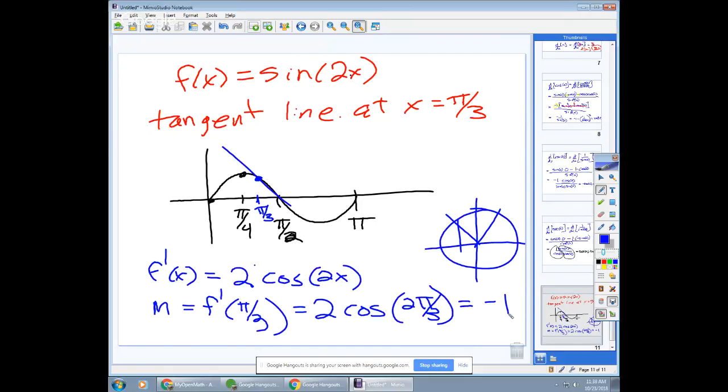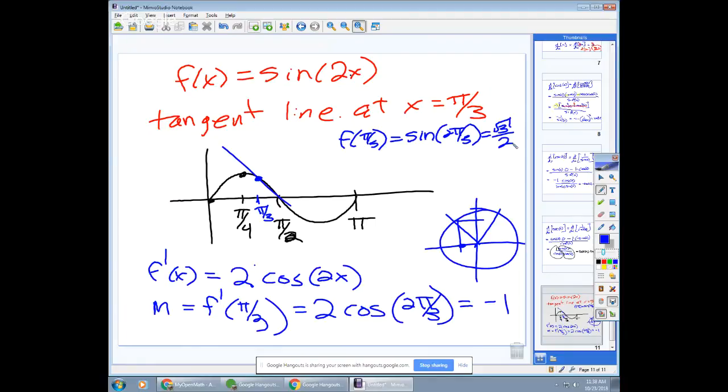Okay, so I have the slope. I need a point to throw that slope at. So the question is, what is that point? Well, f of pi over 3 would be the sine of 2 pi over 3, which if this is negative 1/2, then the y value up there would be what? Anybody remember? Square root of 3 over 2.